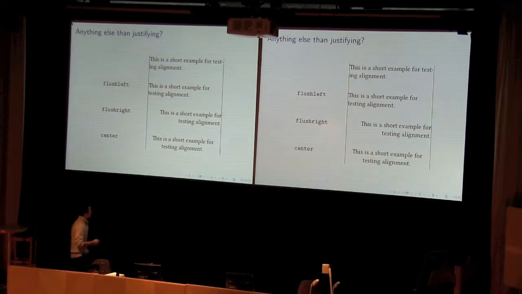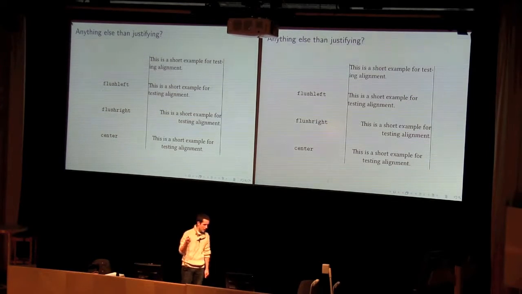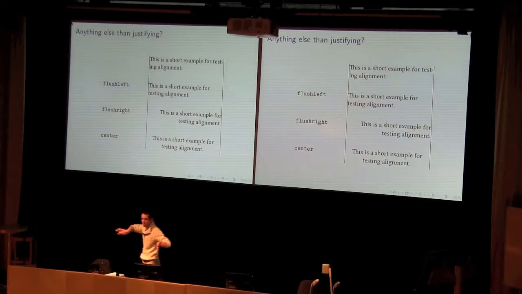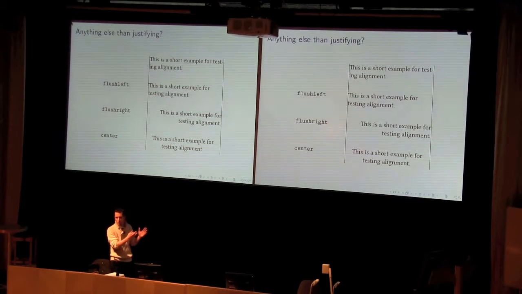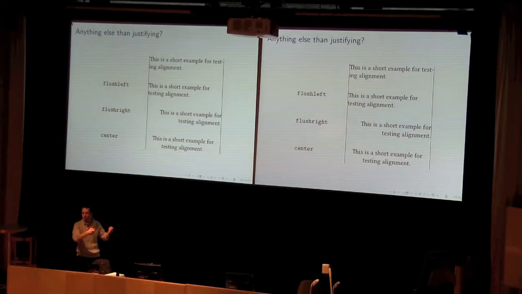Okay, we've seen that by default, LaTeX justifies the text. Now, what this means, it tries to keep things against the left margin and the right margin. Sometimes you don't want that. For example, in a newspaper, you have a very narrow column, and you can't justify things because it will be awful.